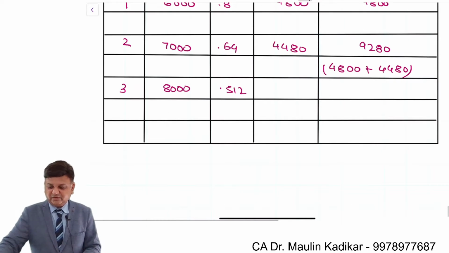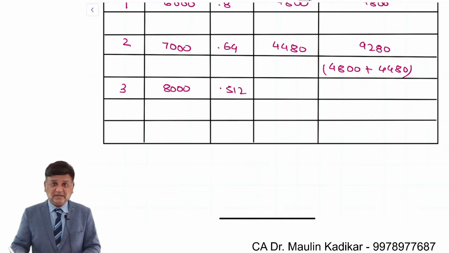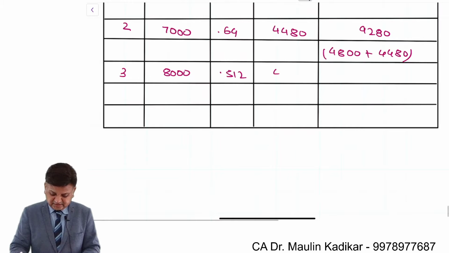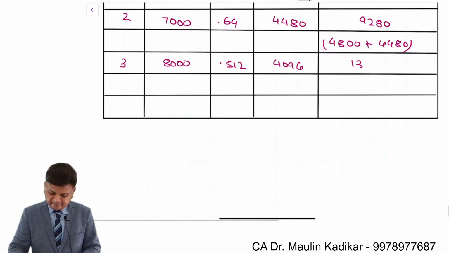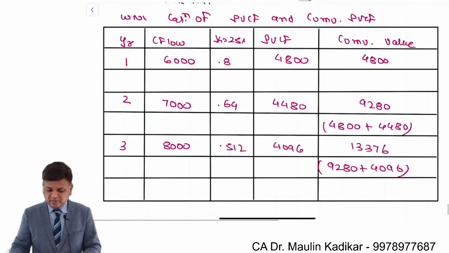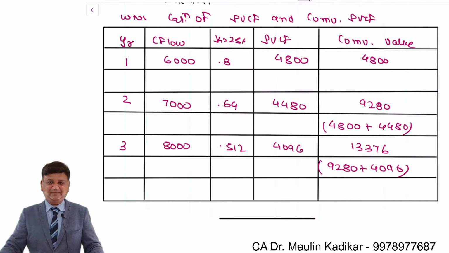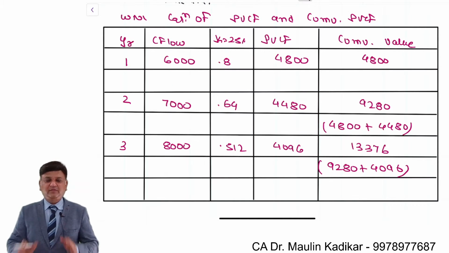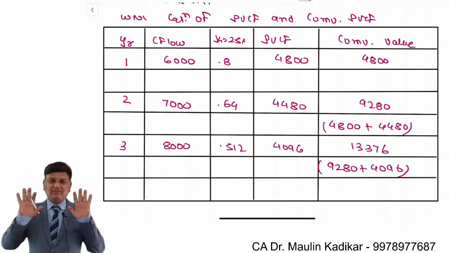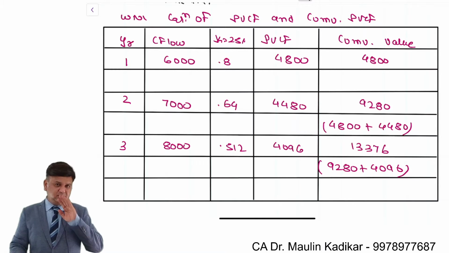For the third year it is 8000 into 0.512, that comes to 4096. So cumulative value is 13376. That is the way we are required to make the computation of the cumulative cash flow over the time period of 3 years. We understand that the amount of the investment is 10,000.